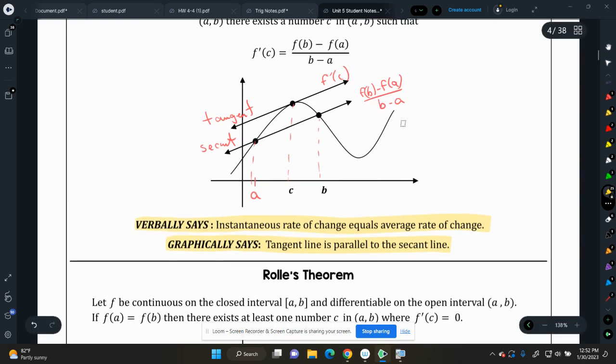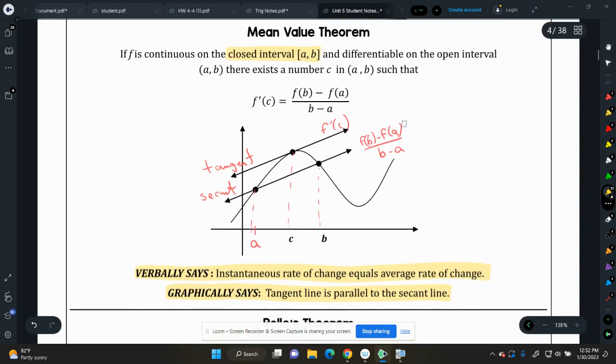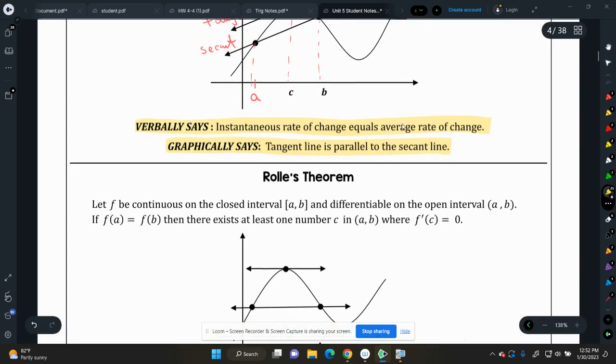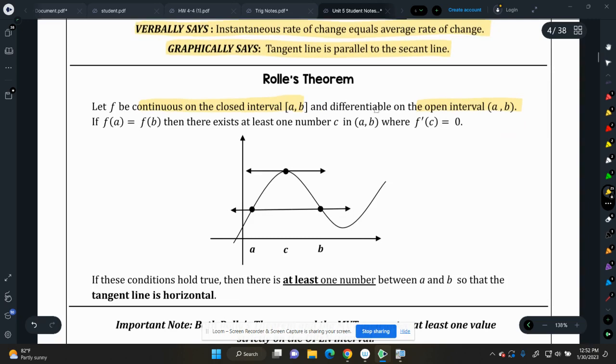Here's our Rolle's theorem. Again, notice the continuity. When we talk about continuity, we're talking about the closed interval. When we talk about differentiability, we're talking about an open interval. Okay, Rolle's theorem basically says that if f of a equals f of b, then there's at least a point where f prime of c is equal to 0. Okay, so this is my tangent line, and this is my secant.